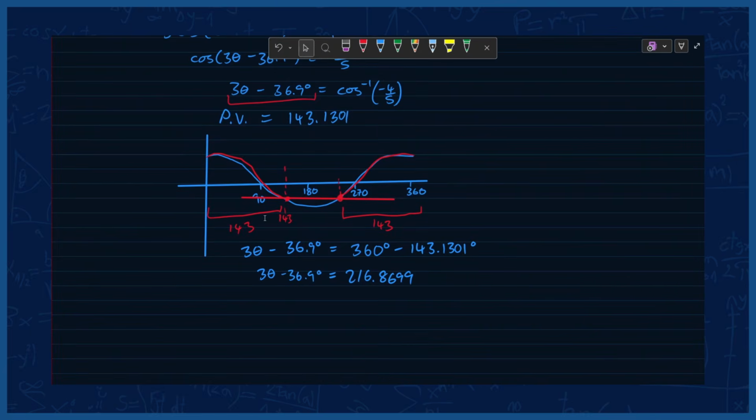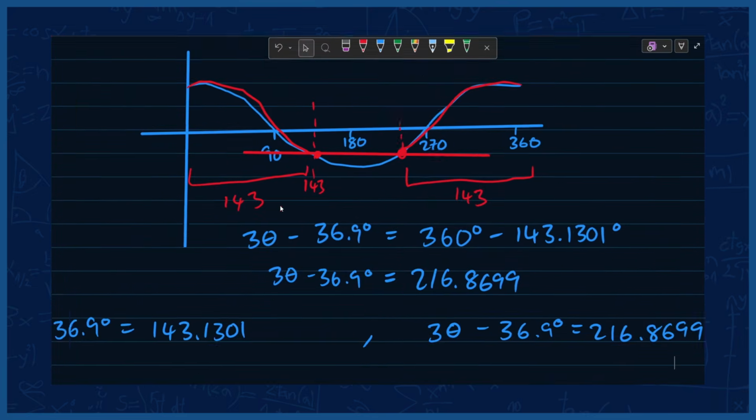Now the two solutions I'm working with are the principal value and this solution, both in the form 3θ − 36.9°. The first one, from the principal value, is 143.1301, and the second one we just evaluated is 216.8699.